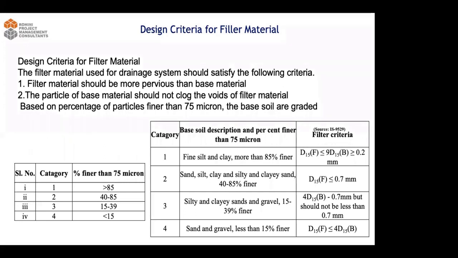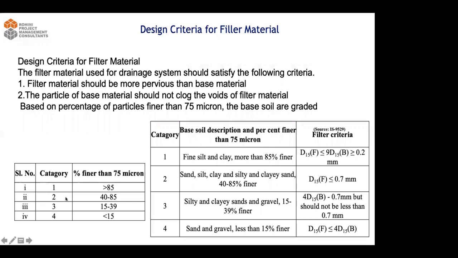So, design criteria for filter material. The filter material used for drainage system should satisfy the following criteria. First, it should be more porous than the base material. Then the particles of the base material should not clog the voids of the filter material, and the percentages of the particles finer than 75 micron in the base soil are graded. Okay, so these are the categories.